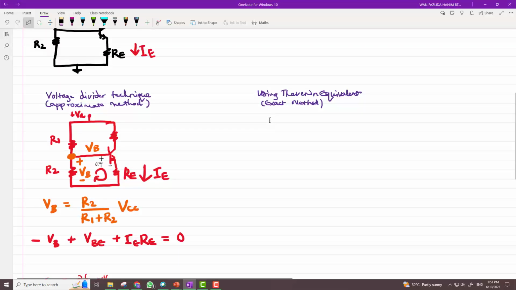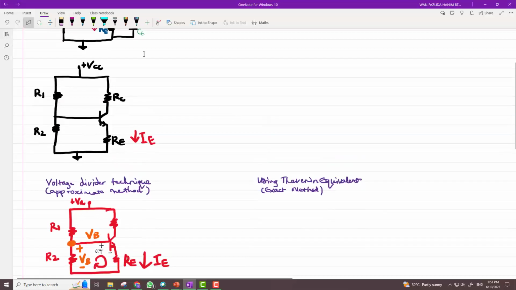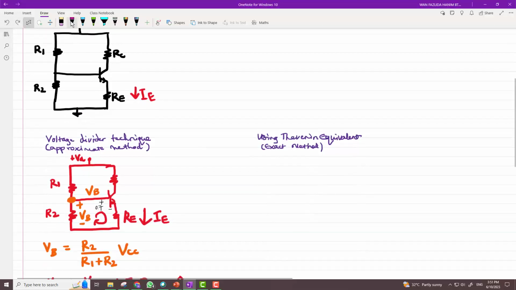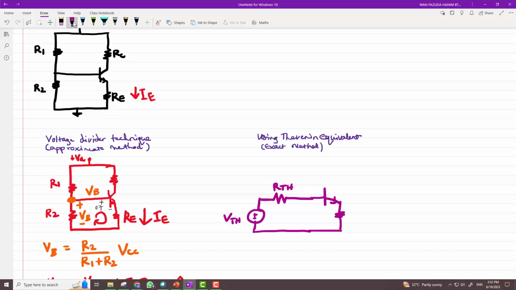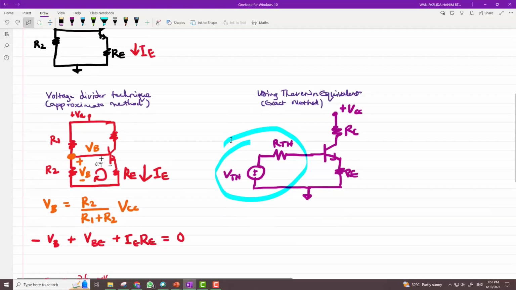If I use the exact method here, I need to find the Thevenin equivalent circuit seen from these two terminals into here. When you find that Thevenin equivalent circuit, it will look like this. You have R Thevenin, and then you have V Thevenin, and you still have RE, RC, and plus VCC. How do we find the Thevenin equivalent circuit?